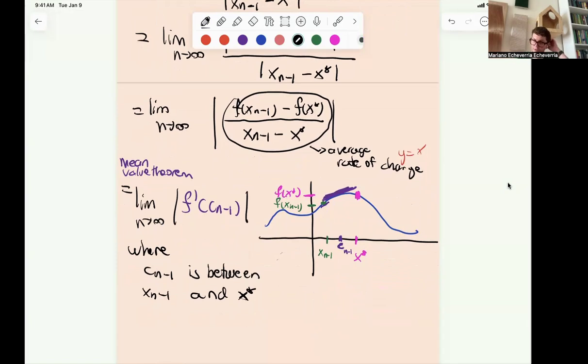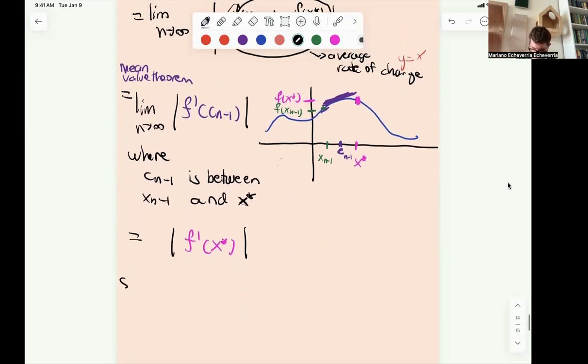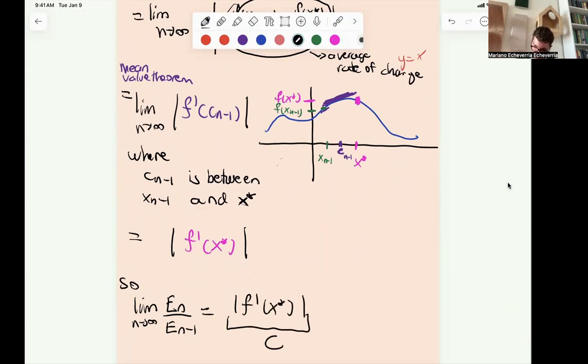But you see, as n goes to infinity, this sequence is converging to x star. So the Cn minus 1 are also converging to x star. So in the limit, this just gives you f prime of x star. In other words, the limit of the errors is the constant that you wanted.